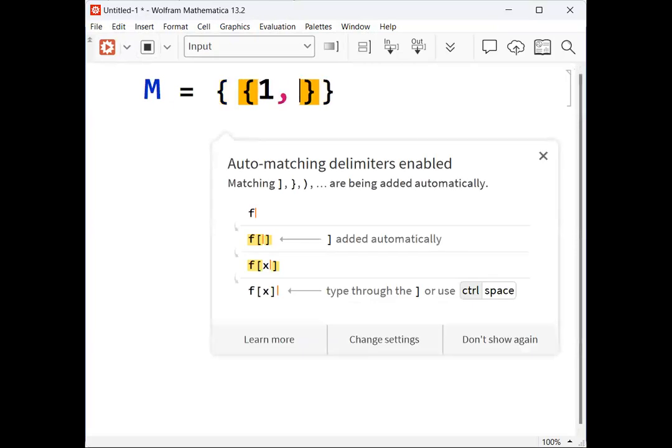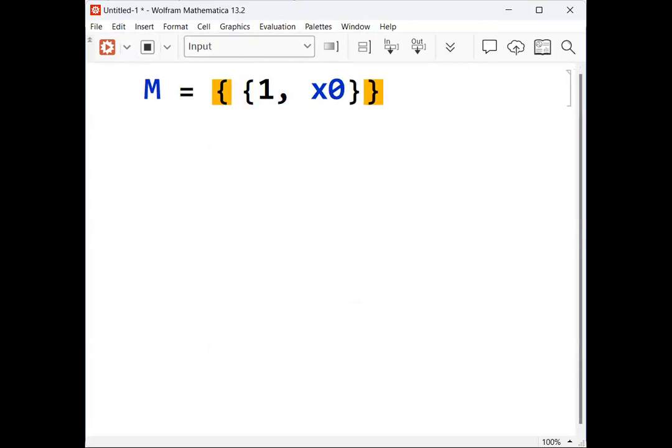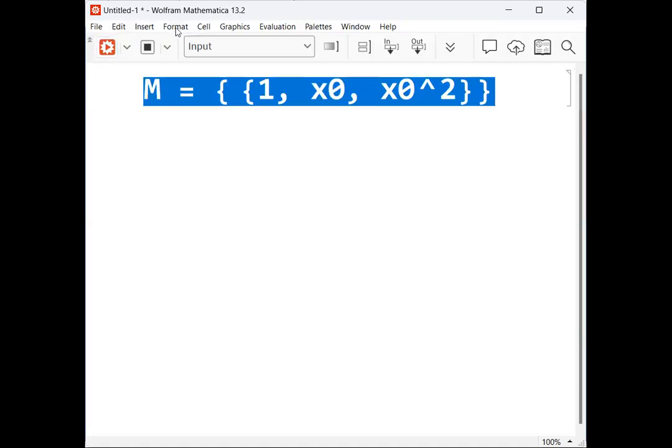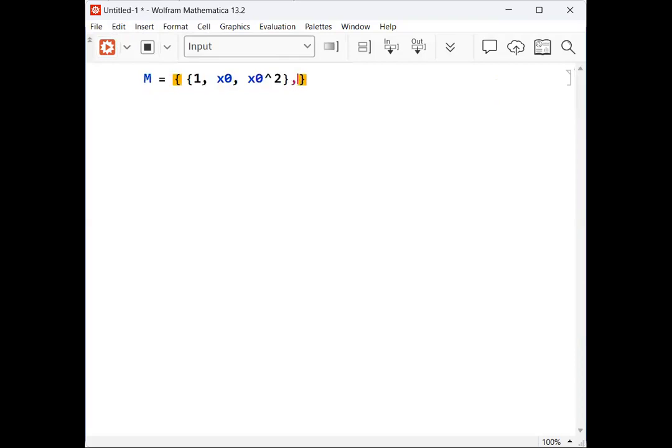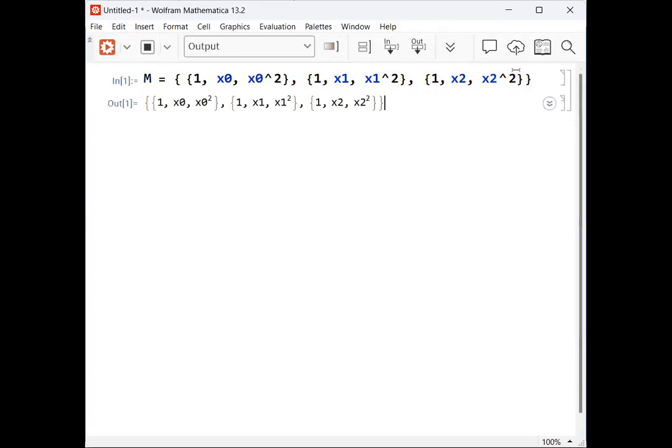We had 1, x naught, and then x naught squared. And then the next row would have been 1, x1, x1 squared. And then the last one was 1, x2, x2 squared. So there's our matrix.